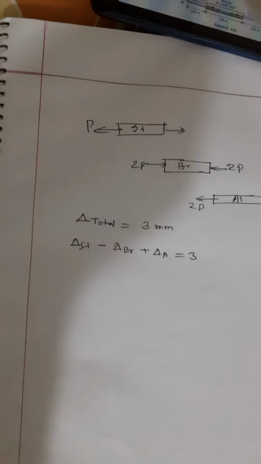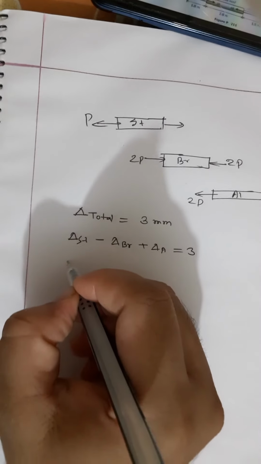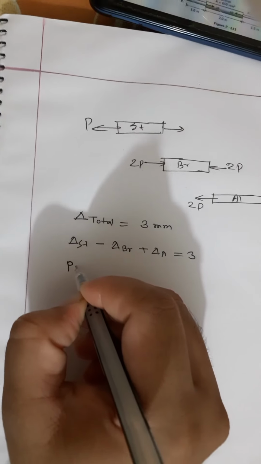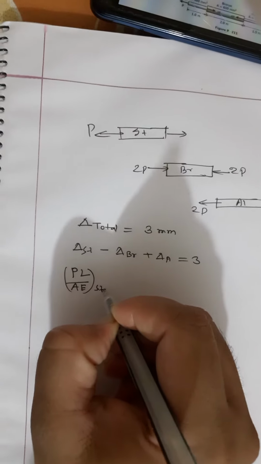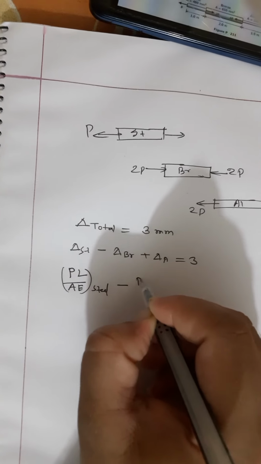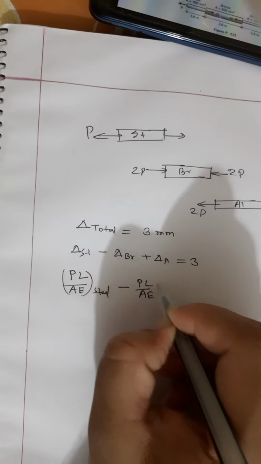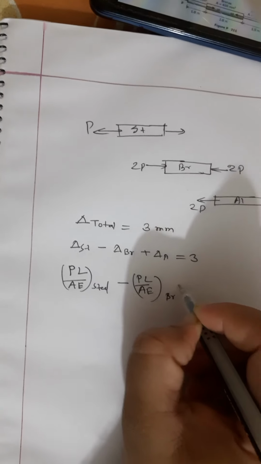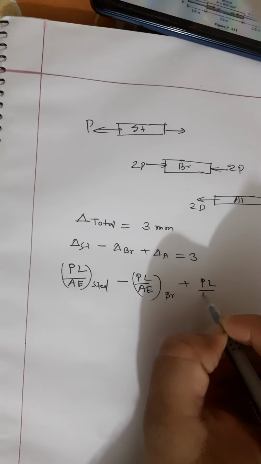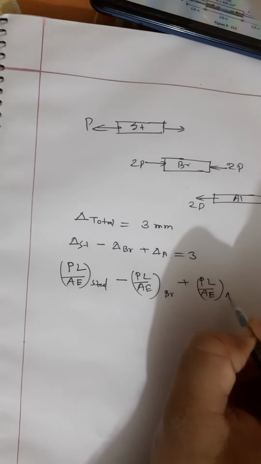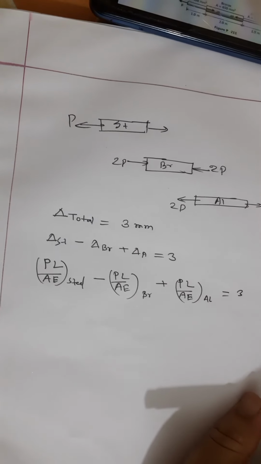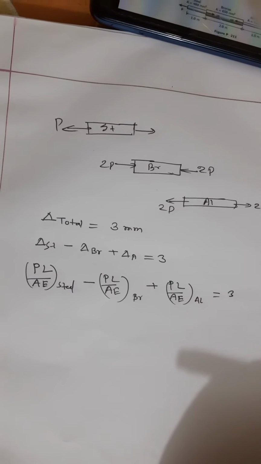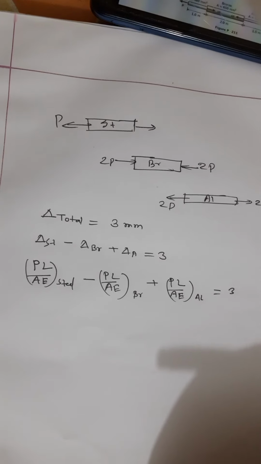If we write everything in Newton millimeter, delta steel equals PL by AE for steel, minus PL by AE for bronze, plus PL by AE for aluminum, equals 3. As we know the P value, and the length is also given.